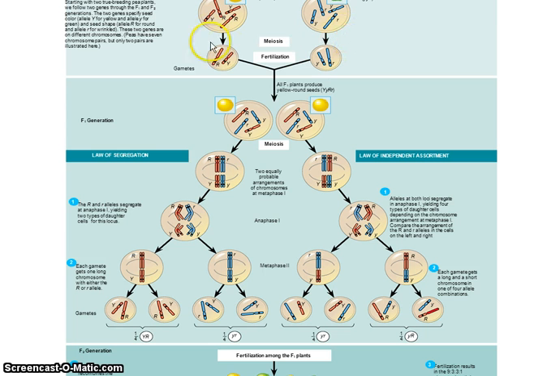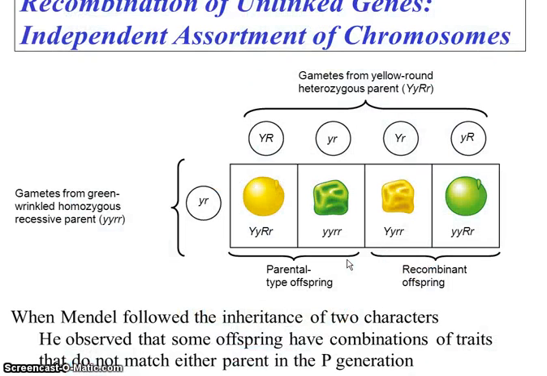We have our parent cells, and they go out and they get fertilized, and they go through meiosis, and we get these different gametes. And so we have law of segregation. The alleles are all separating, law of independent assortment, the different genes are separating. Sounds good. So, you have recombinations of unlinked genes, which is independent assortment.